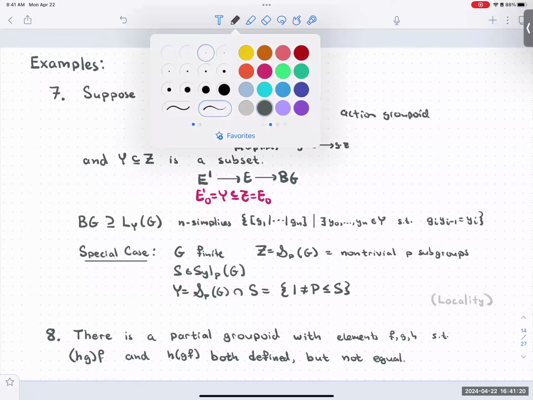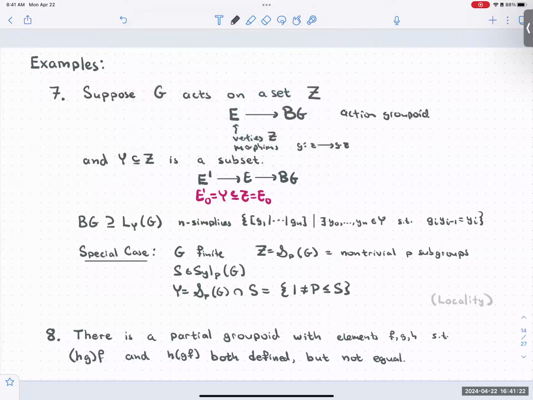And I'm going to look at its image. So the image of E prime within BG is some symmetric subset. I'm going to call it today L_Y of G.